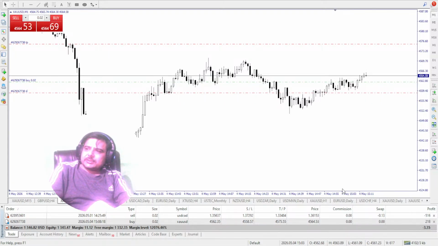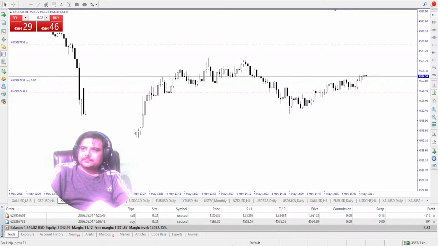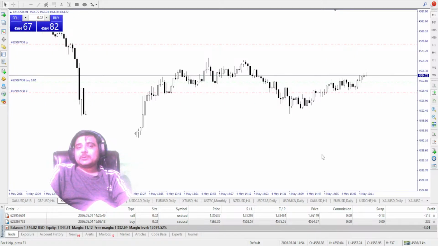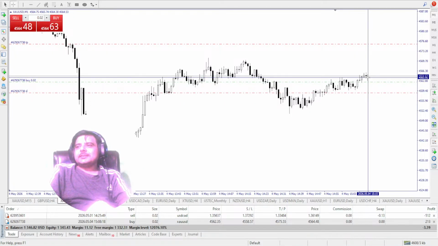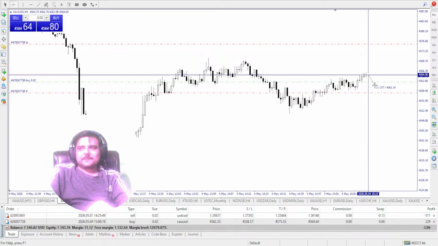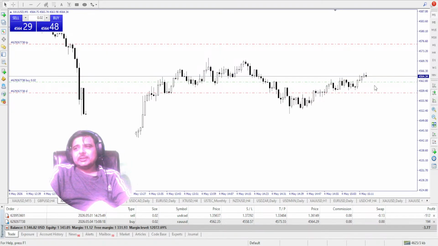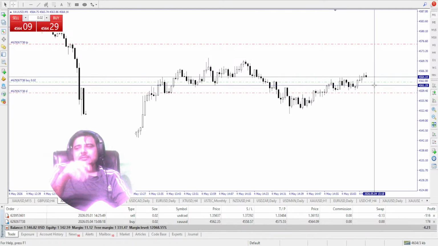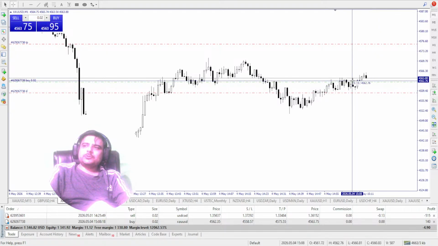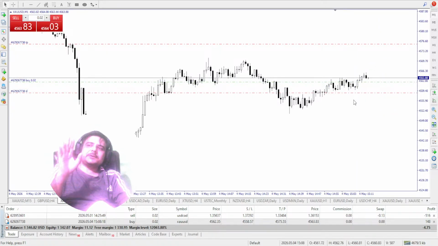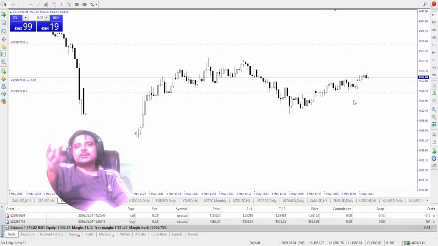What do you think? Shall I book this 21 pips and leave? Just leave? But remember, what if it was a drawdown trade? I would be saying, nah man, wait a little bit, wait a little bit. So if for a drawdown trade we can wait, then for the setup about which we are 100% sure from our side that it is going to work, why don't we wait for our working setup?